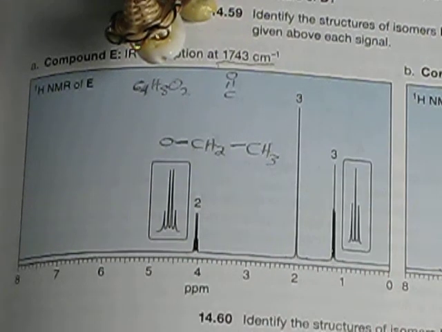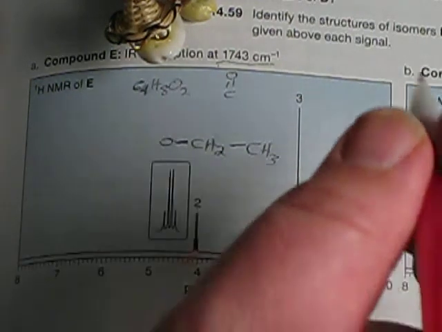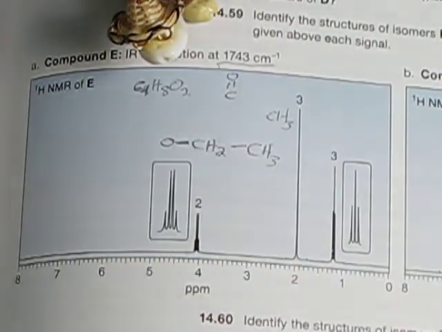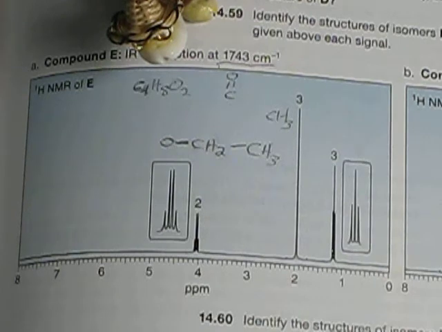Going upfield from 4 ppm, we've got a peak at 2 ppm. What do we see here? Well, it integrates to 3. What's the most logical way something will integrate to 3? Well, I think a CH3 is the easiest way to integrate to 3. All right.